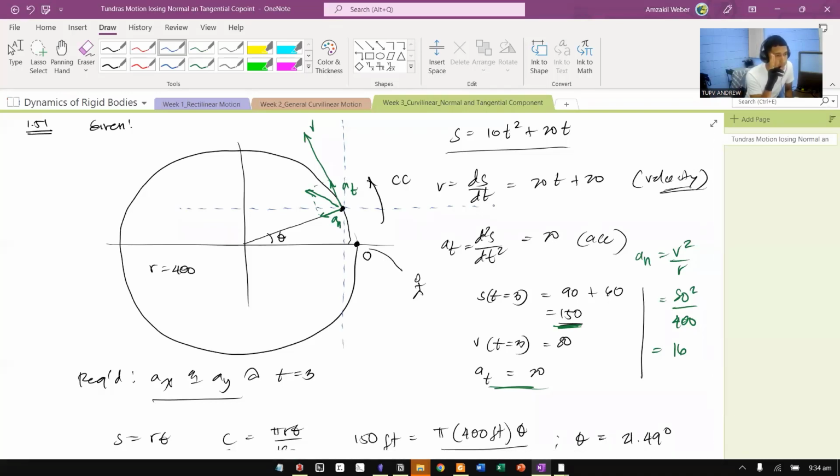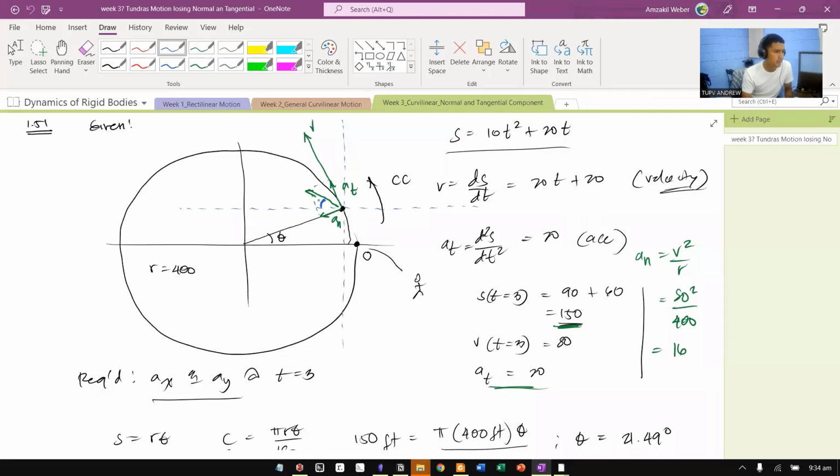So there are two ways to solve this. One is to find the resultant A by first summing AN and AT, and then, once you get the angle, which is not equal to theta, use sine or cosine components to get the AX and AY.